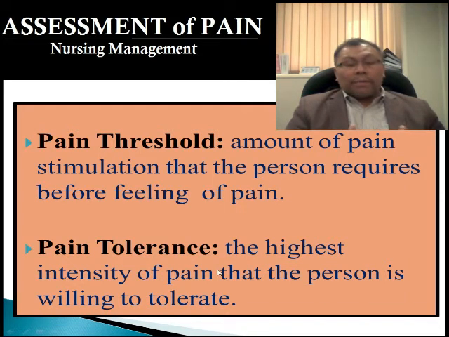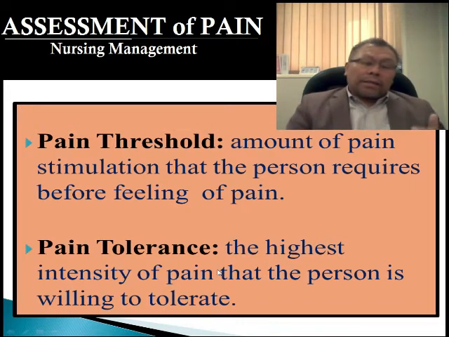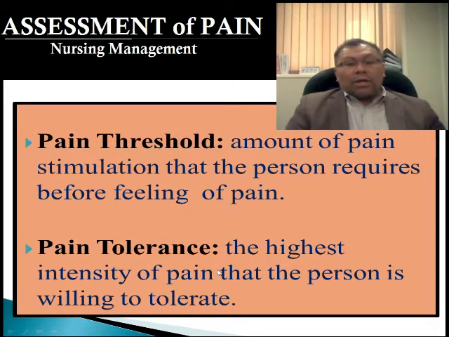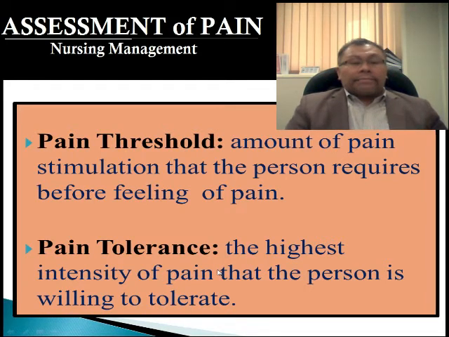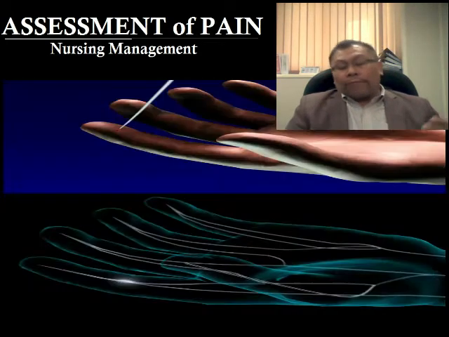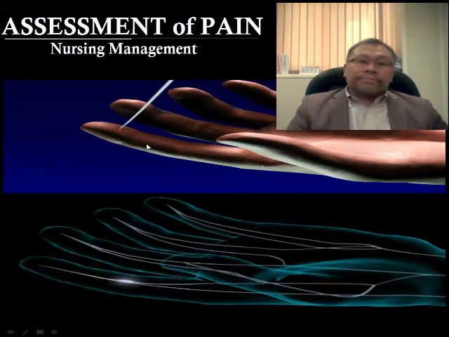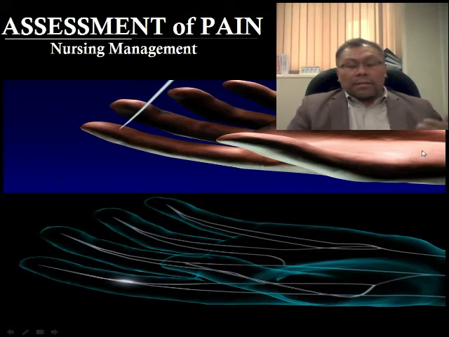Every individual patient has different pain threshold and different pain tolerance based on the types of pain that they have experienced. If you can see the slide, we have the needle pricking the skin. There is an amount of pain threshold and an amount of pain tolerance every individual will experience.